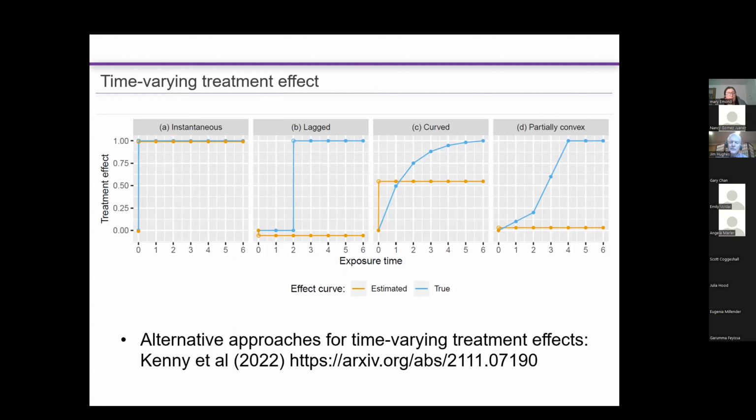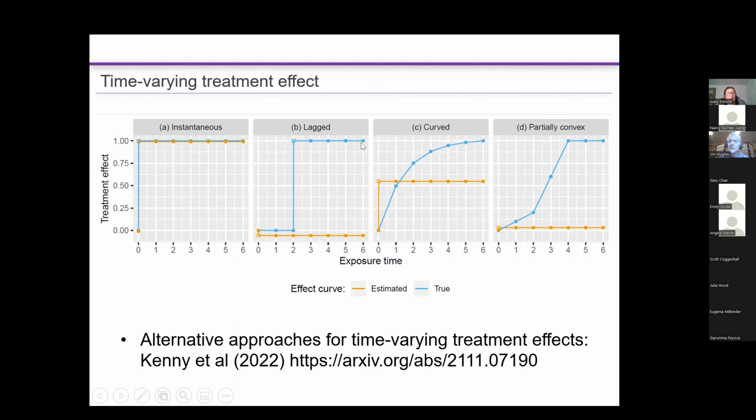We've basically put out a paper. We submitted a paper to Statistics in Medicine, but you can download the paper here. What is basically happening is that the estimated treatment effect from the immediate treatment model ends up being a weighted average of all of these individual effects.